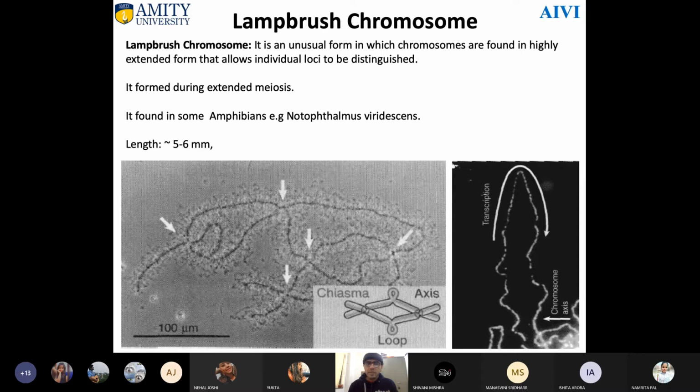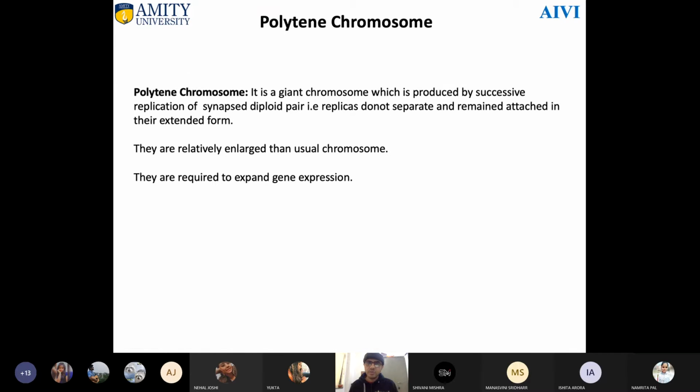We don't have it, but it is mainly found in amphibians, where they need excessive transcription. Protein expression is very high in those chromosomes. It is found in amphibians like frog. Length is 5 to 6 millimeters, so big that you can see it with your naked eye. So you call it a large chromosome.